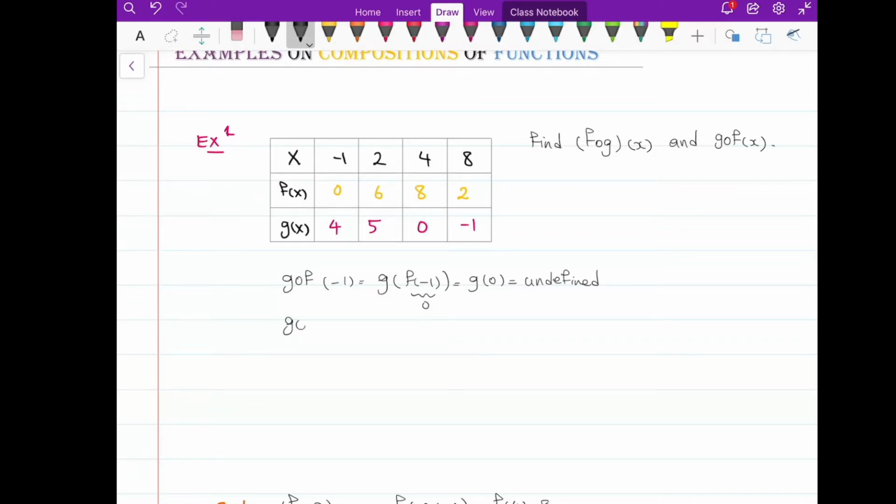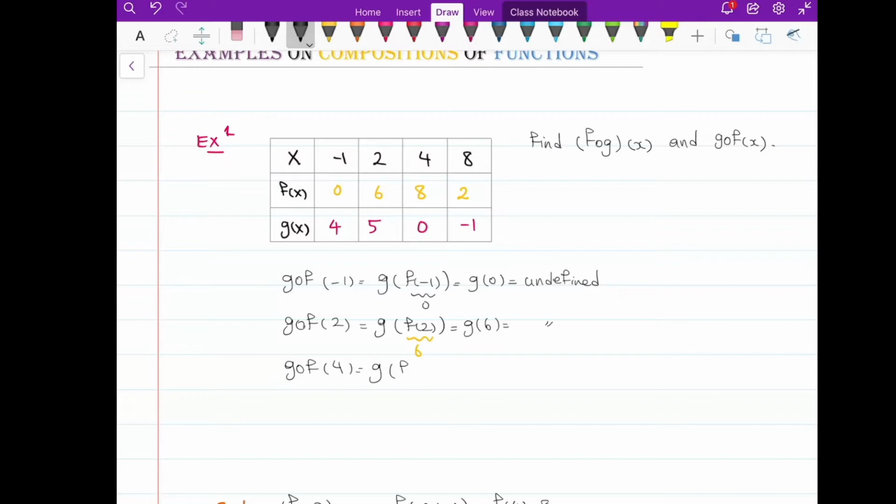How about g∘f at another point, which would be g of f of 2? Okay, f of 2 is equal to what? It's 6. So g of 6, where is that? It's actually undefined.